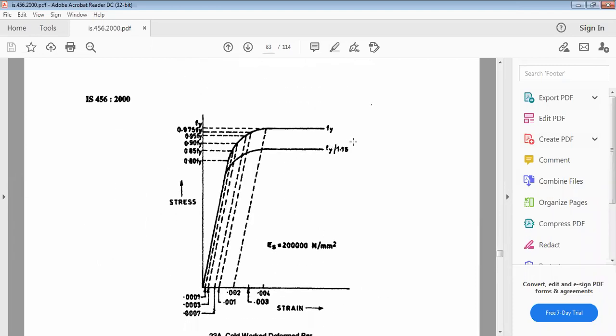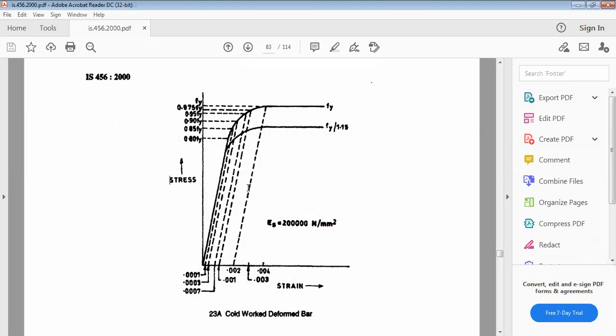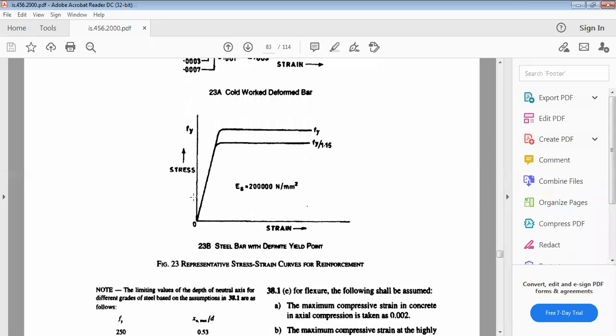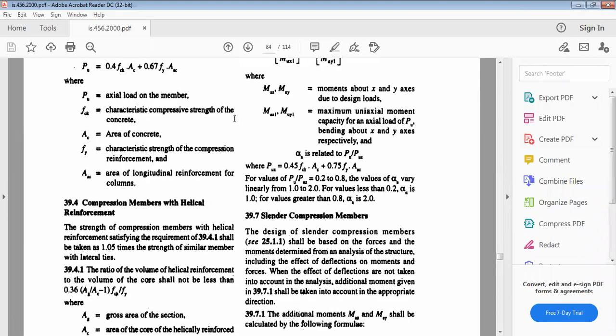This is 0.87 Fy. For any other strain, you can correspondingly determine the amount of stress. So what do we have to do? We can do the reverse thing. We can first check the amount of compression strain, and corresponding to that strain we can calculate the stress in compression, which is Fs, from this graph.